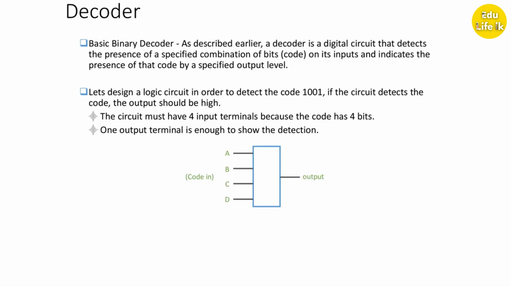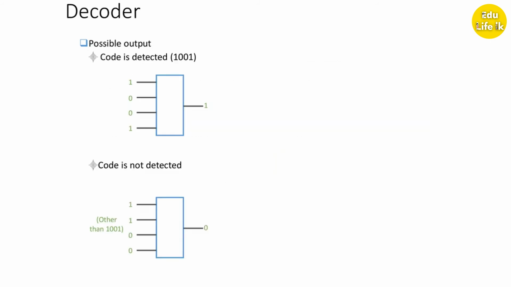A decoder, basic binary decoder. As I described earlier, a decoder is a digital circuit that detects the presence of a specified combination of bits on its input and indicates the presence of the code by a specific output level.